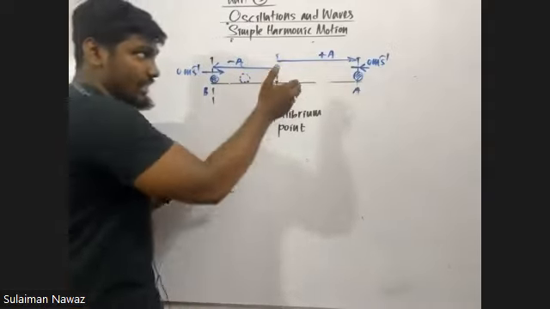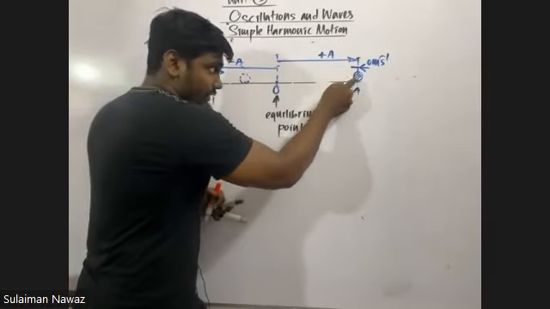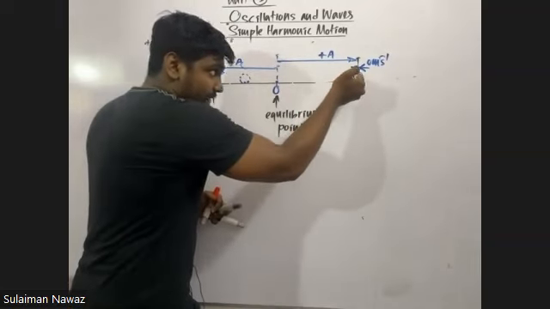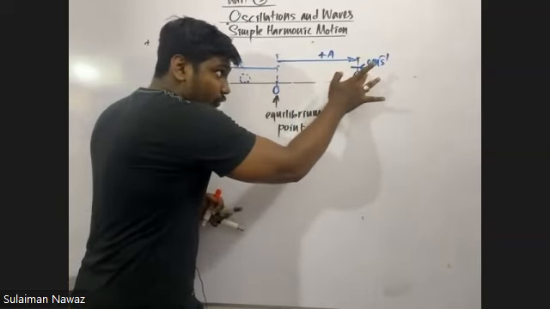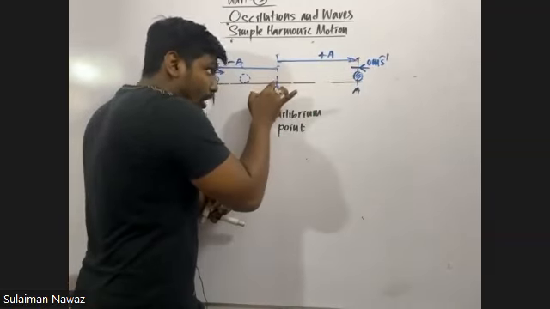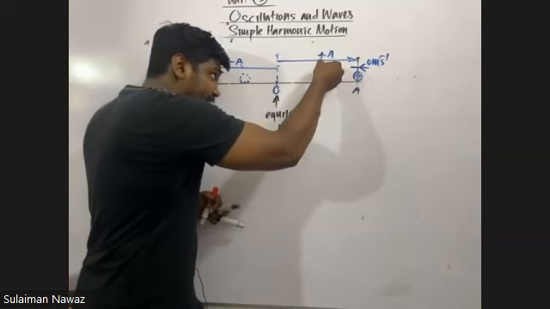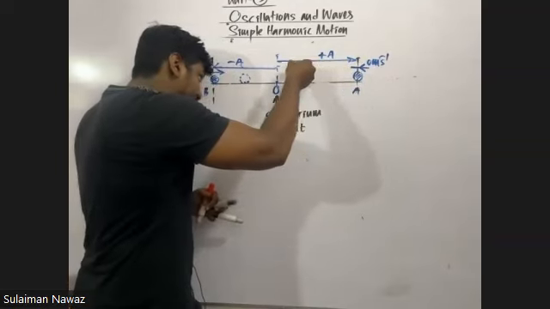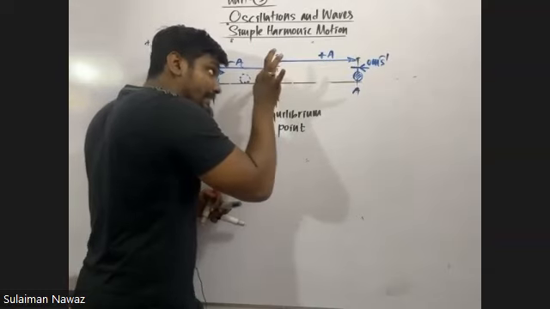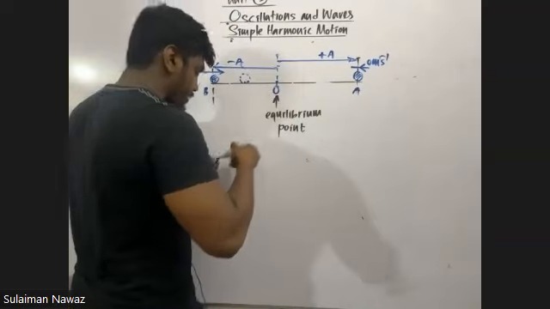So throughout the motion, velocity is changing. For example, let's say this object is moving in this direction. Exactly at the amplitude, velocity is zero. When this object is moving toward the left side until the equilibrium point, velocity is increasing. Exactly at the equilibrium point, velocity will become maximum.